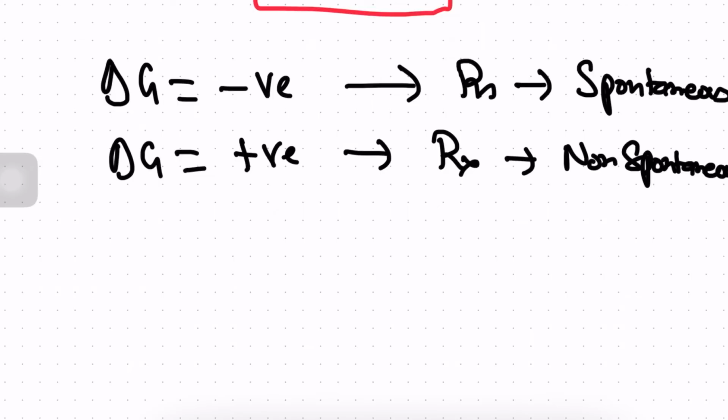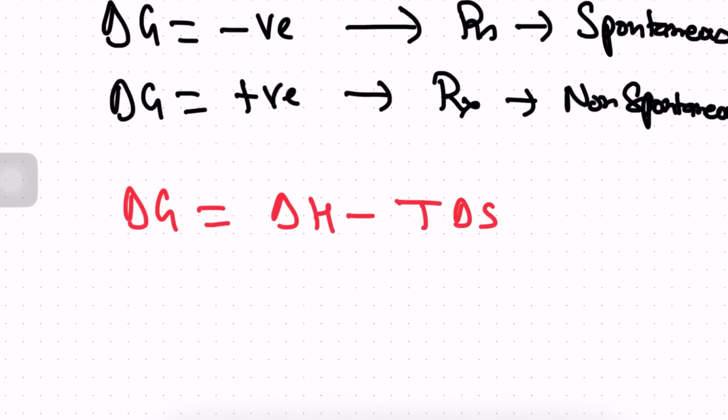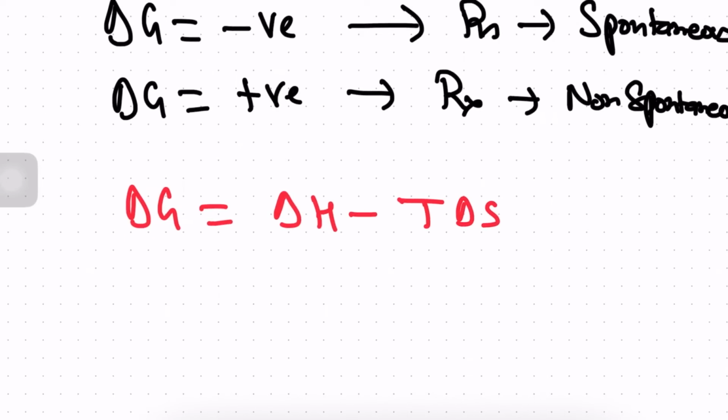If you remember the relation I have told you, delta G = delta H - T delta S. Now think about this relation.